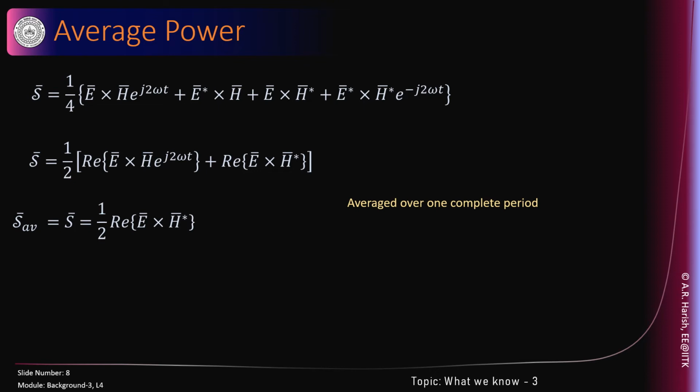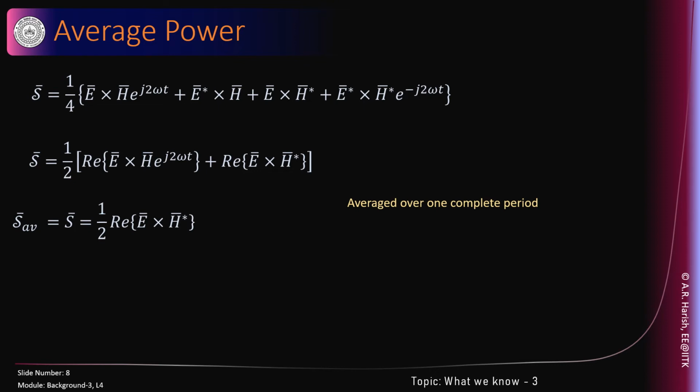If I were to take an average of this quantity over the complete period, that is a time average over the complete period, if you integrate this function over time from 0 to capital T, then the integral of e to the power of 2j omega t will be 0. Notice E and H, they are not functions of time, they are phasor quantities.